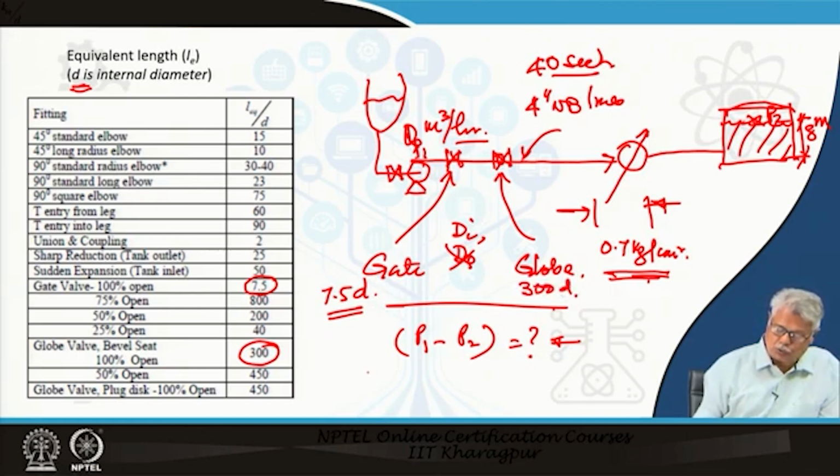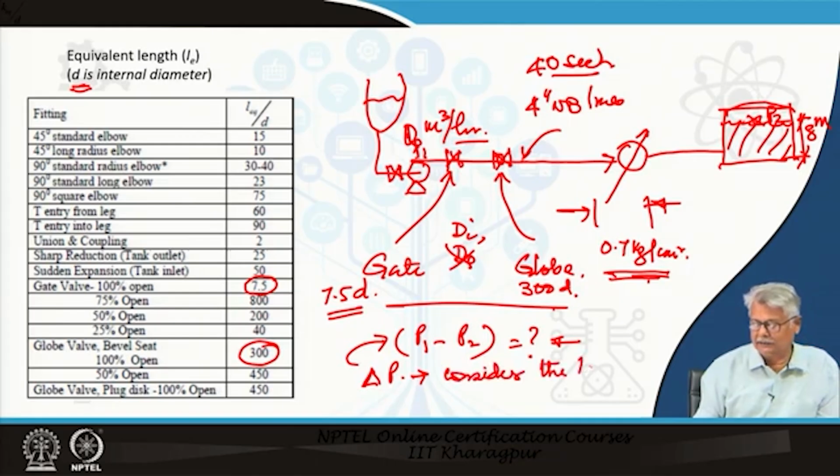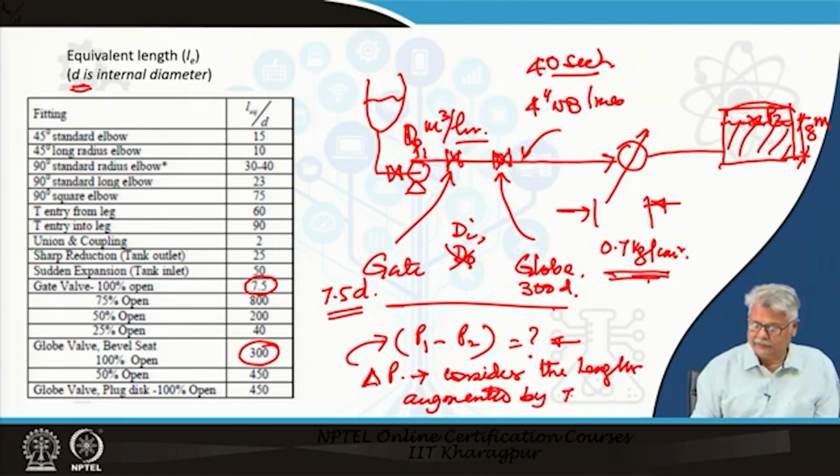So when you find your total delta P, which is basically P1 minus P2, consider the length augmented by 7.5 plus 300 d and then calculate the pressure drop.